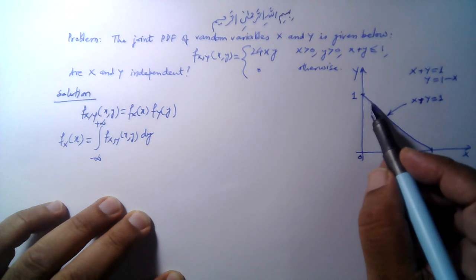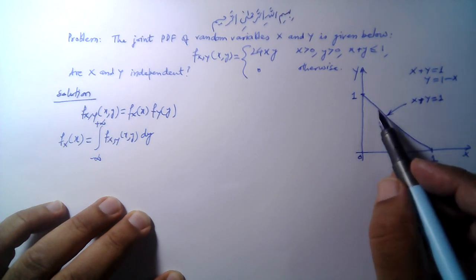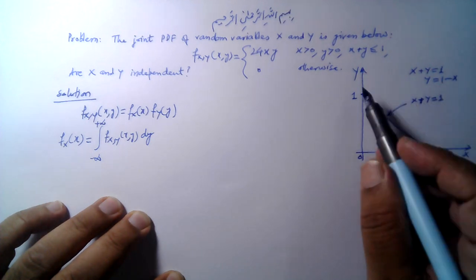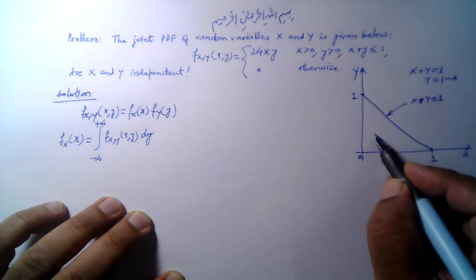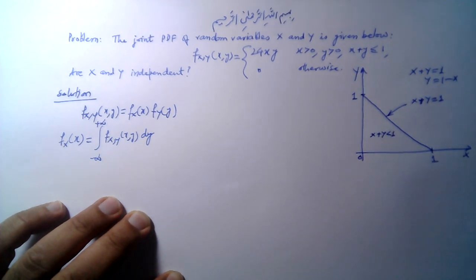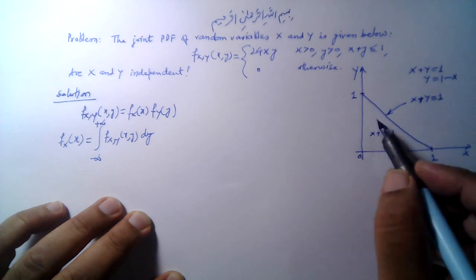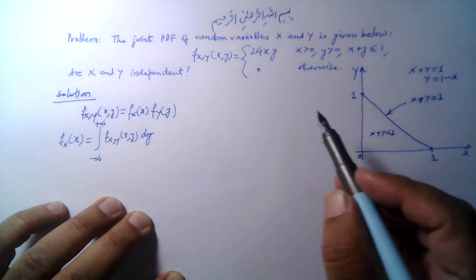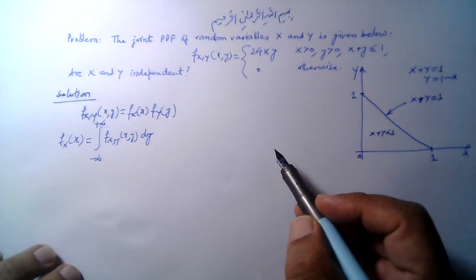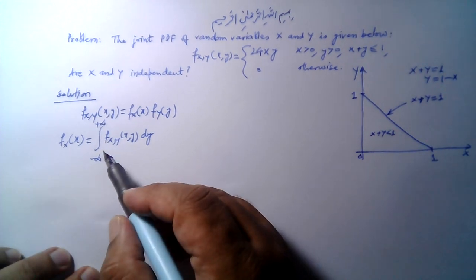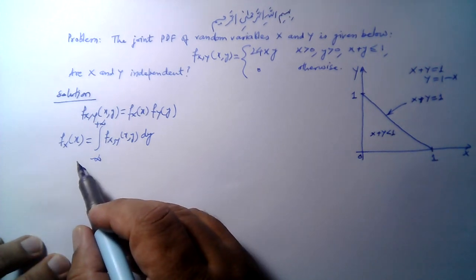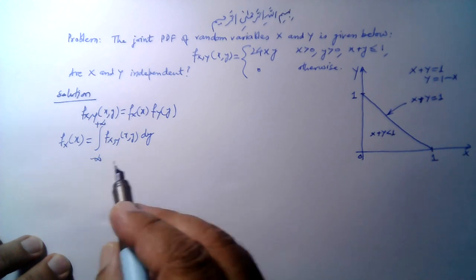So it is this region here, where the values of x and y are both less than 1, where this condition holds true. So x plus y is less than 1 in this region. This is our region of interest, the region where the joint PDF is non-zero. This will also help us determine the limits of our integrals when we integrate to find the marginal PDFs of random variable x and random variable y.